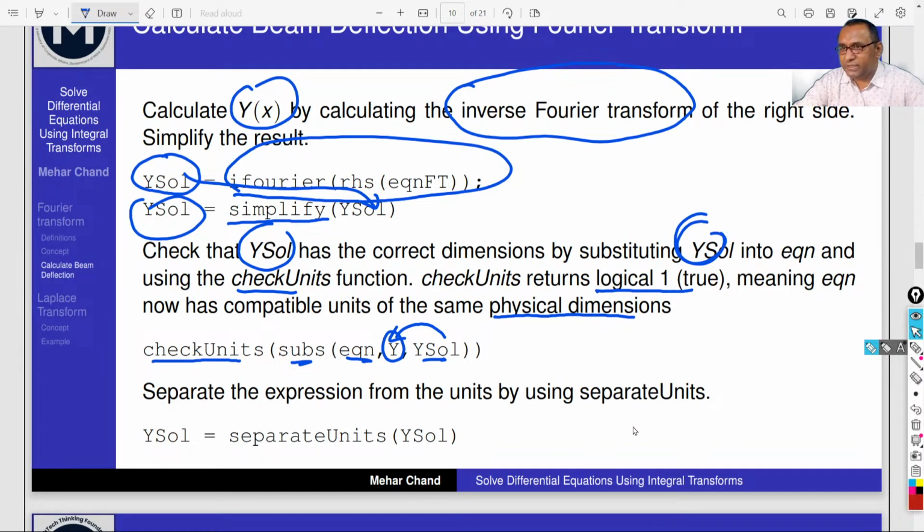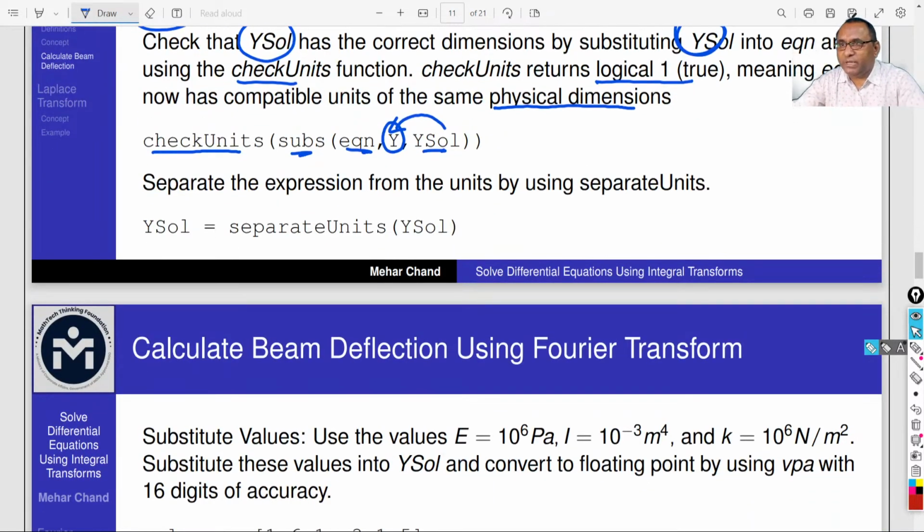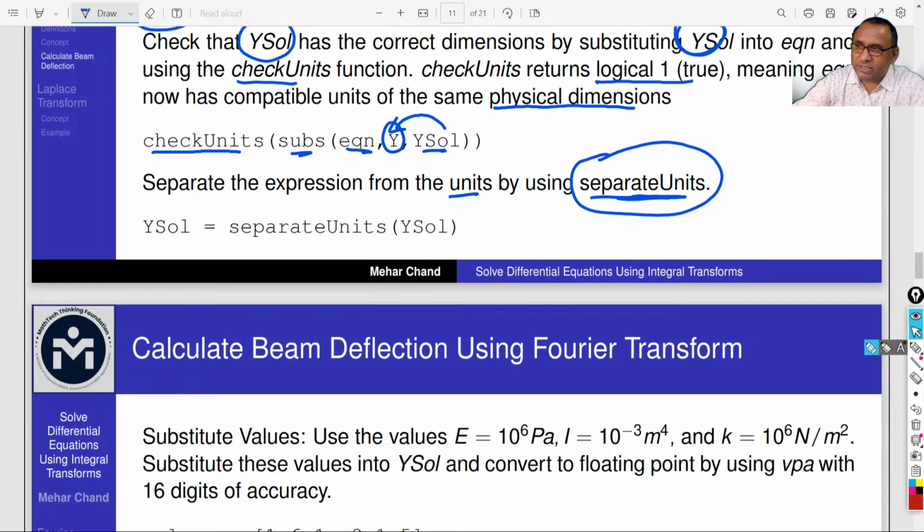Now after that, we have separated the expressions from the units using separate unit. Okay, we will use this function. This is also an inbuilt function in MATLAB. So see here, for y solution we are using separate unit. We just need to pass the value at its place.